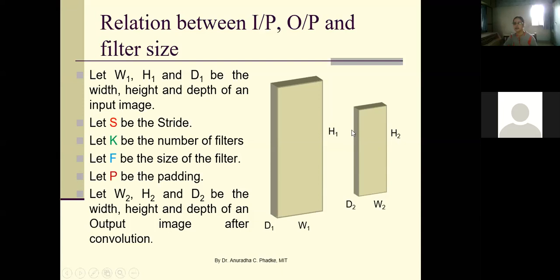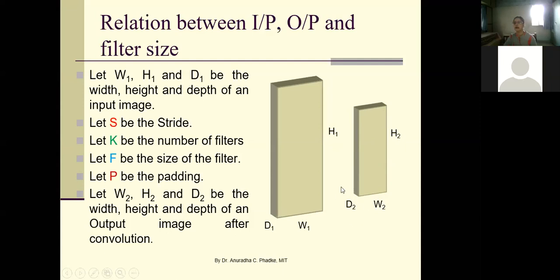So this resultant image size is W2 into H2 into D2, where D2 represents resultant depth. We are considering the same equation that we talked about for one image plane. Only difference is now your depth parameter will change. For color images, this depth parameter is important.